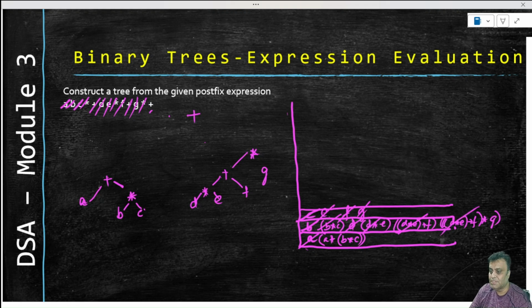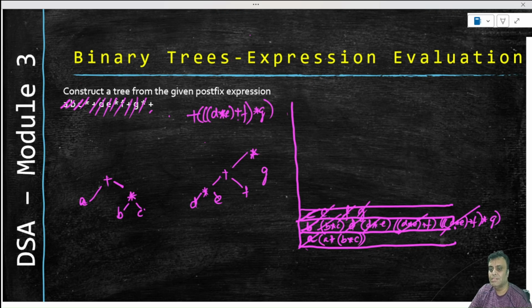I will pop this out, take it to the right. So 3 brackets, D star E, and then we have a plus F. Let me write this neatly. So we have a plus F and then star G.